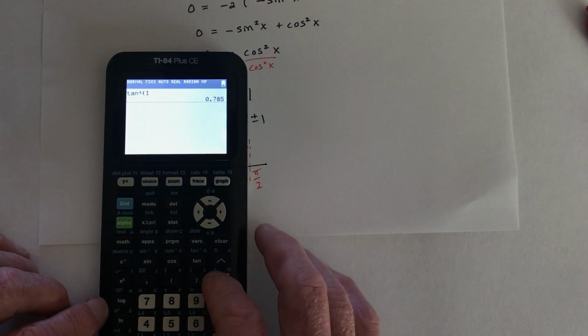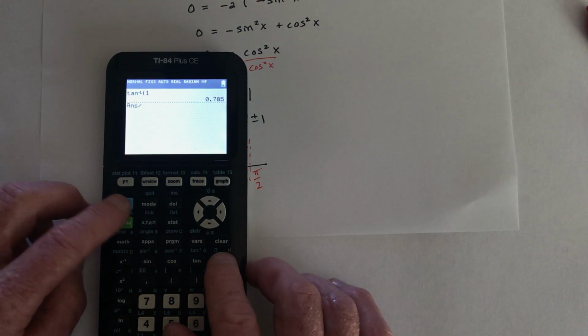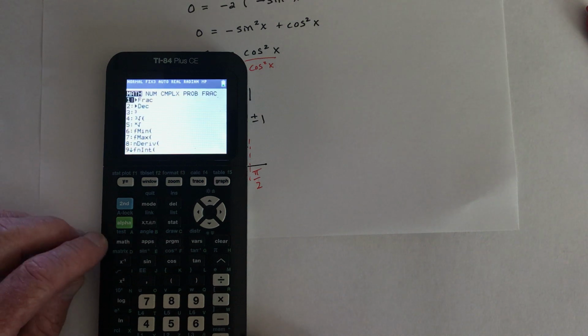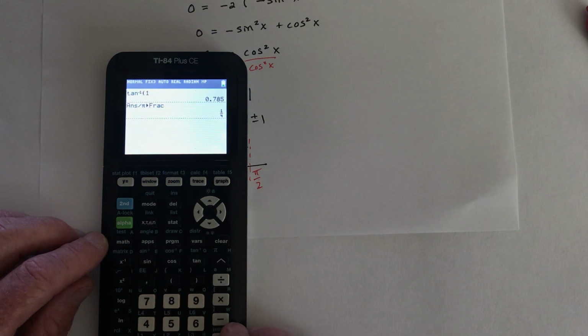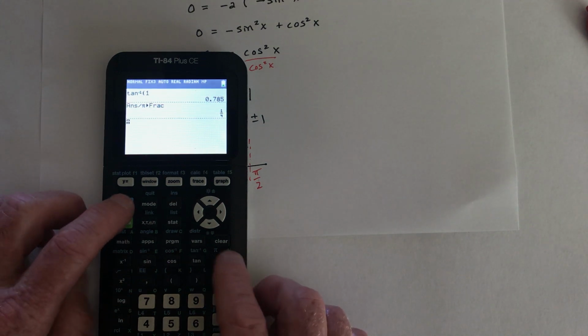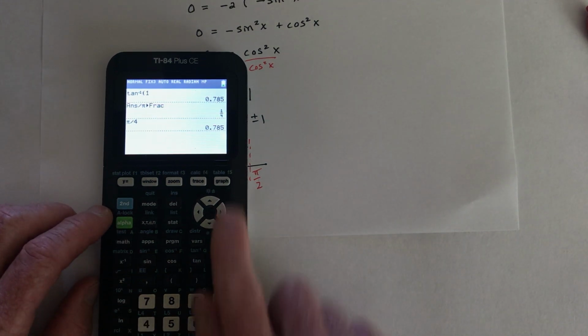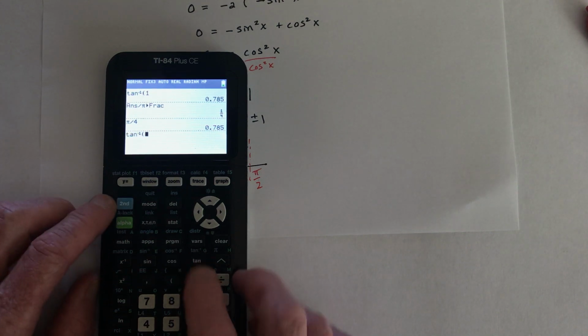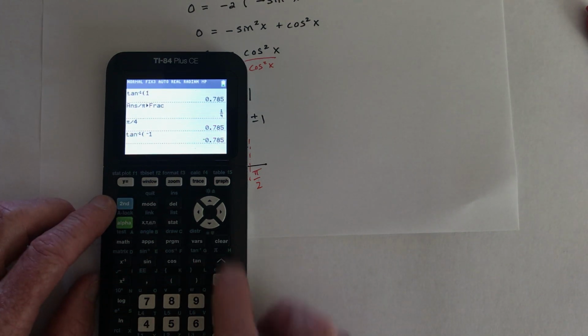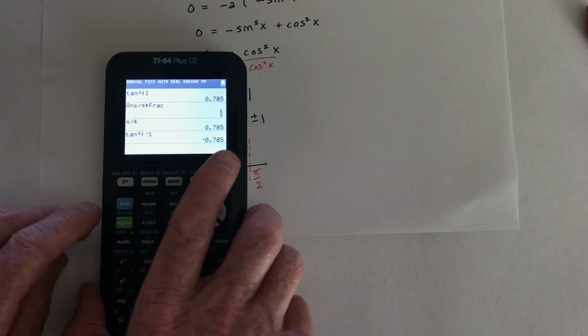So if I ask the calculator, divide that by pi and change that to a fraction, it's going to be 1/4. So that would be pi over 4. So pi divided by 4, sure enough, equals that 0.785. And for the tangent inverse of -1, I get the same thing, but with a negative.